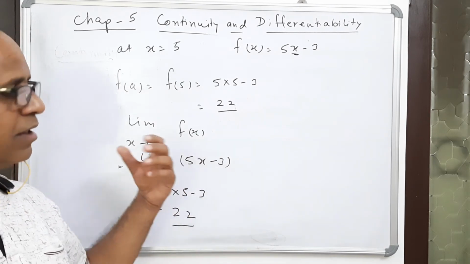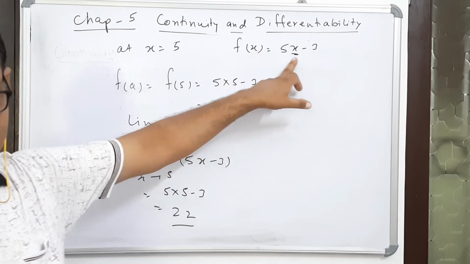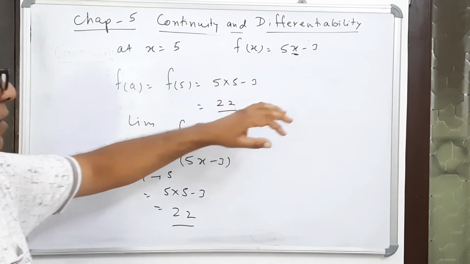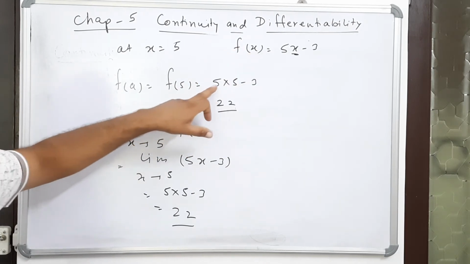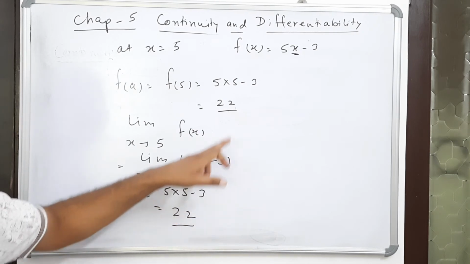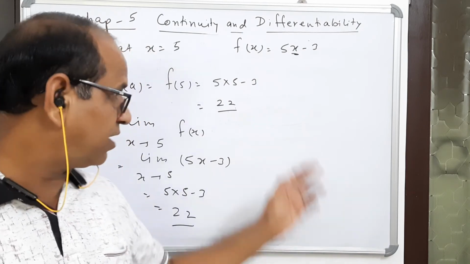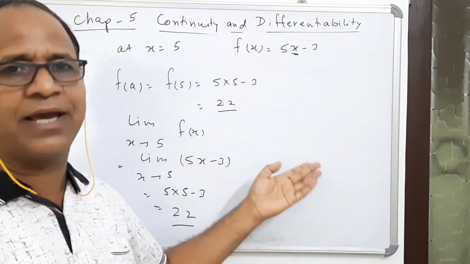Now the question arises: this problem is a polynomial function. And you will see that in all polynomial functions, this will be 5x minus 3 and this will also be 5x minus 3. So naturally these answers will be equal if I take any polynomial function and any value.